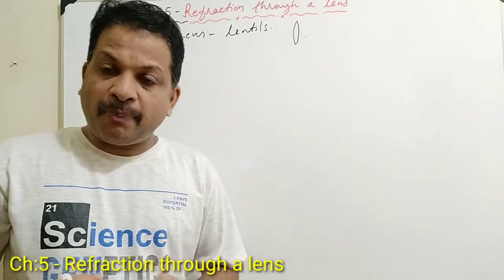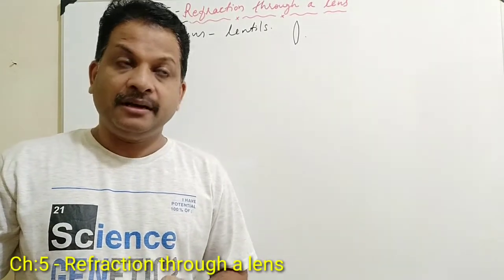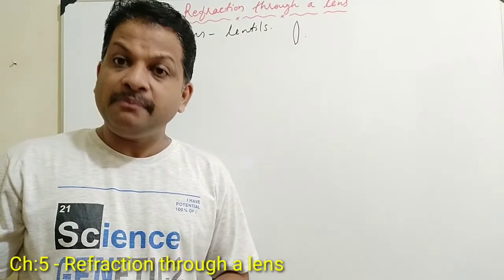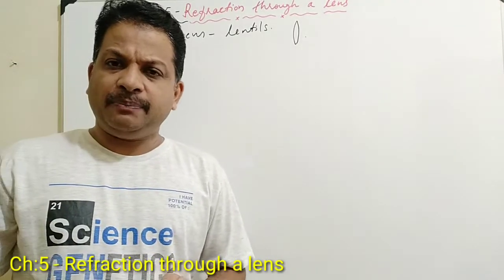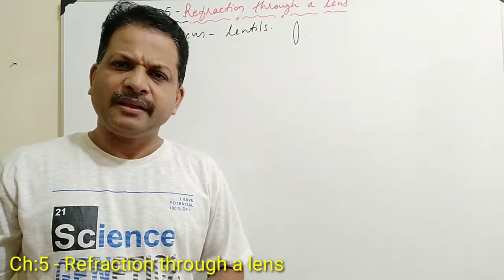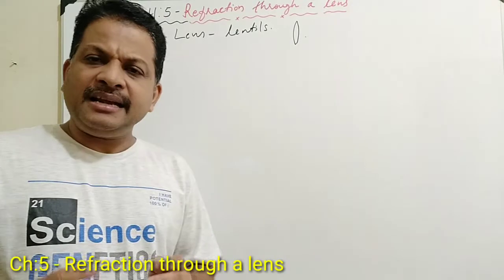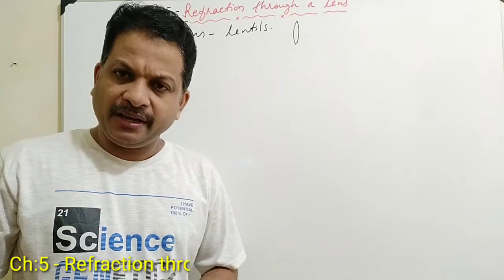Lenses are an integral part of many optical devices like camera, telescope, binocular, microscope and many other devices. As you know, the working principle of a lens is refraction. Then what is a lens made of? A lens is made up of a transparent optical medium like glass.